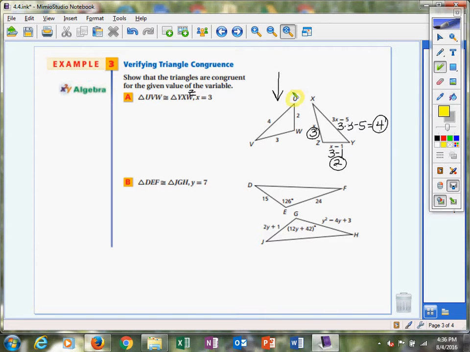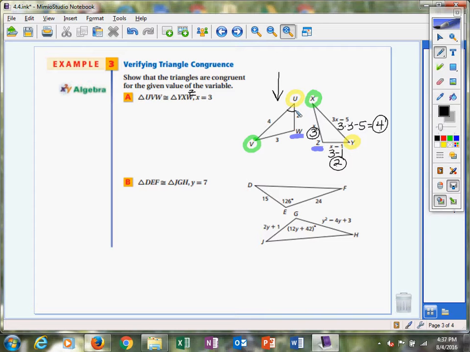U matches up with Y. And then V matches up with the X, and then W and Z are going to match up. Okay, so I just want to verify as well that we have the right orders too, as far as that's concerned.